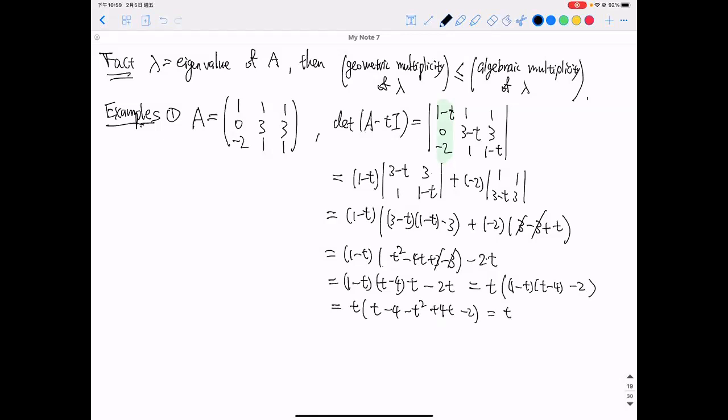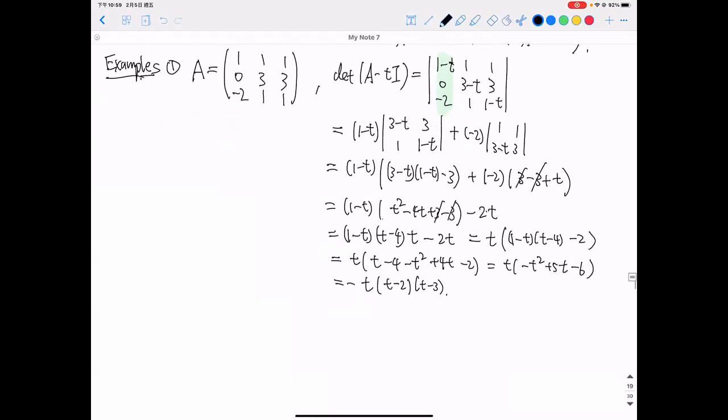So that's t times (minus t squared plus 5t minus 6). There's an overall negative, but after that it's t times (t minus 2)(t minus 3).